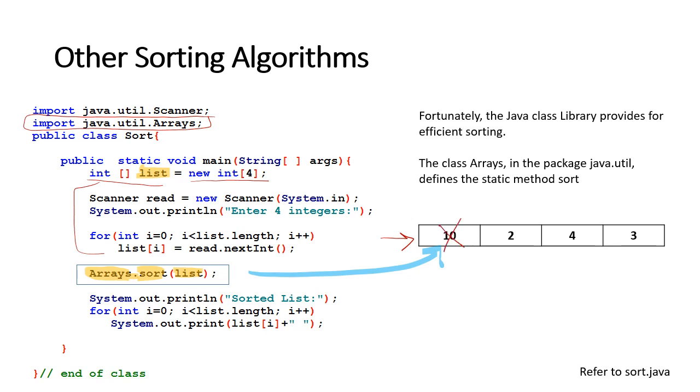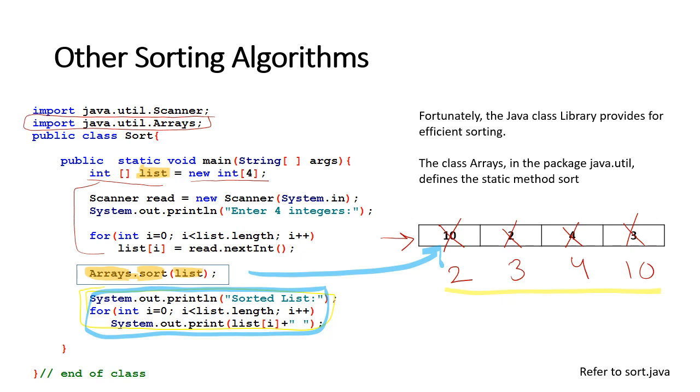So it will sort it such that we should have the first element as 2, and then 3, then 4, then 10. And then once we do the output of the elements, it will output the sorted elements in our array, which are 2, 3, 4, and 10.